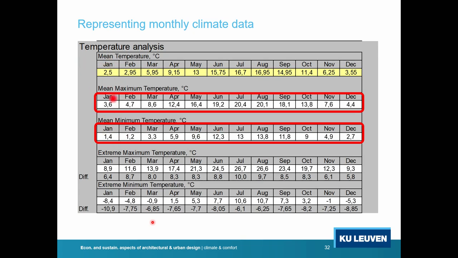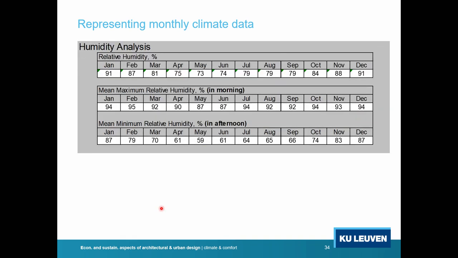These values are then used for the temperature per month also in the thermal comfort analysis. And then this is combined with the data on humidity. So the relative humidity mean maximum and mean minimum are also used. So you have 3 dots per month, the combination of this temperature and humidity. So you don't need to search for additional data.